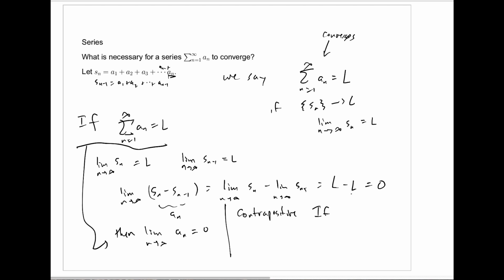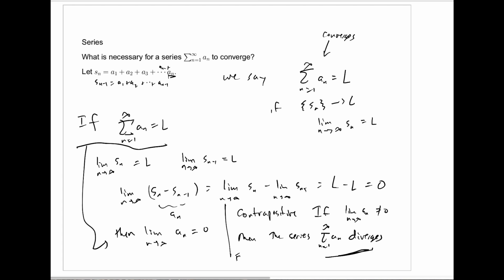And you can see for yourself that's equivalent. If this limit is not 0, the series cannot converge, which means it diverges. So if the individual terms have a non-zero limit, the series diverges.